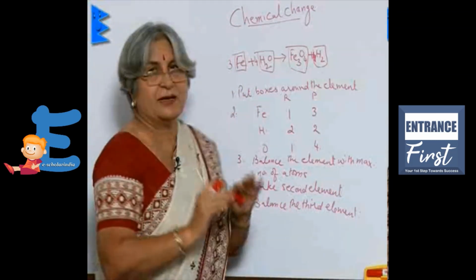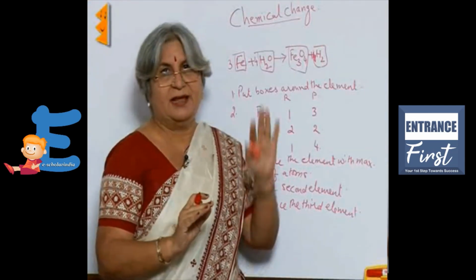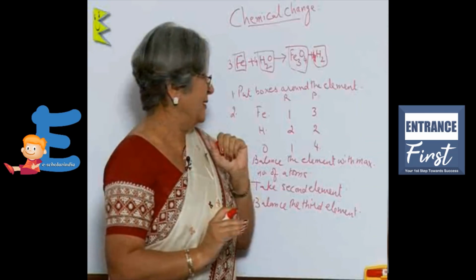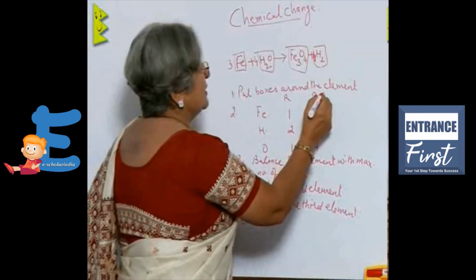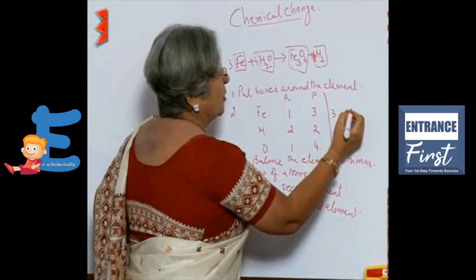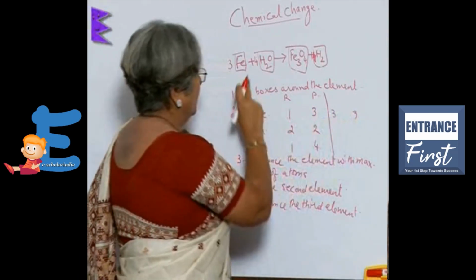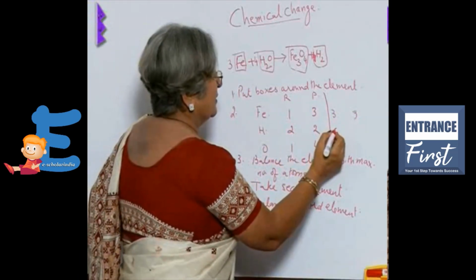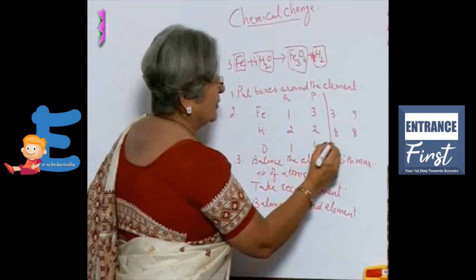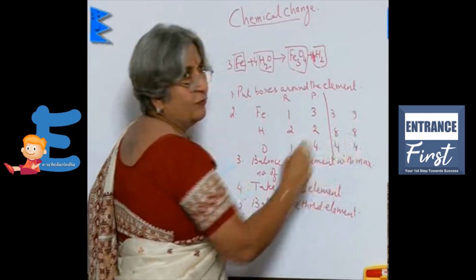Finally, we will just check all the atoms to see whether they are equal on the right hand side and the left hand side. So now, what is the situation? In reactants, iron is 3, in product also it is 3. Hydrogen is 8, here also it is 8. Oxygen is 4 and there also it is 4.